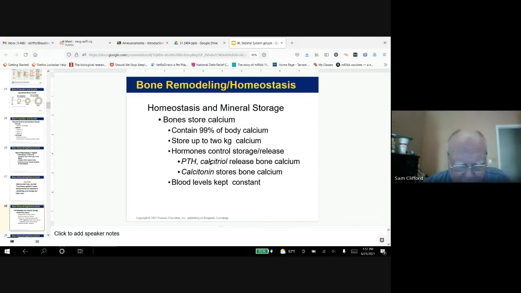Homeostasis. The whole bone system serves as a reservoir or depot for calcium. These hormones release bone calcium: parathyroid hormone and calcitriol. Calcitonin stores bone calcium.